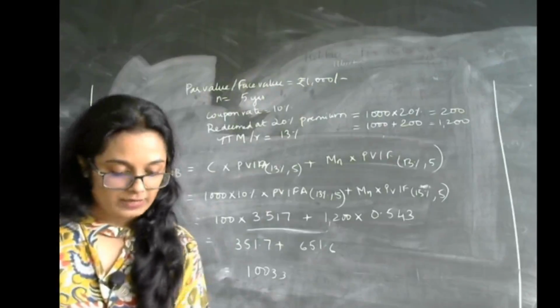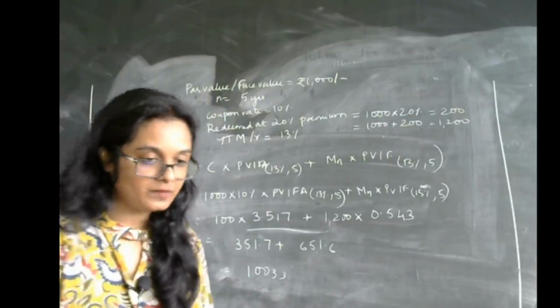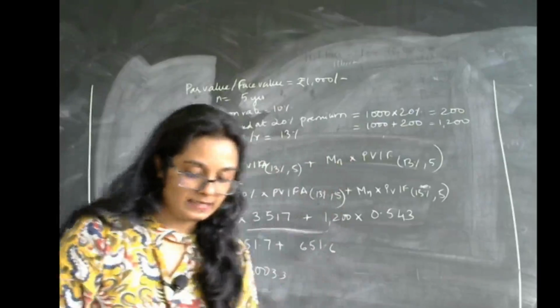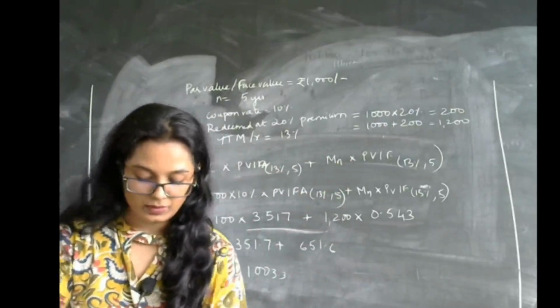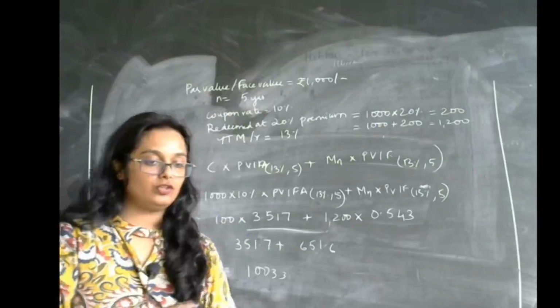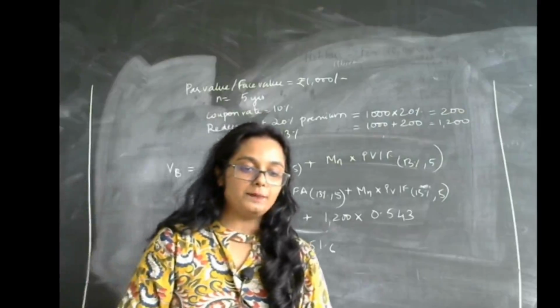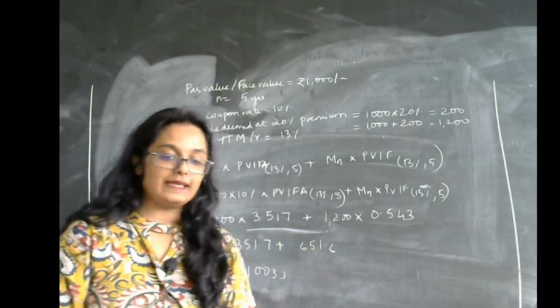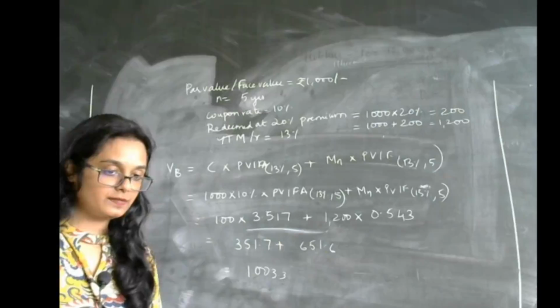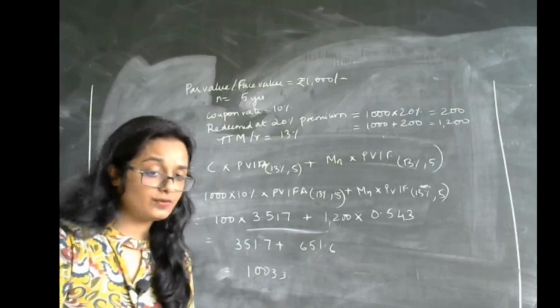Okay, so now let us move on to the next problem, that is the second problem. Okay, over here you are required to find the market price of rupees 1000 par value bond carrying a coupon rate of 14% and maturing after 5 years is rupees 1050.